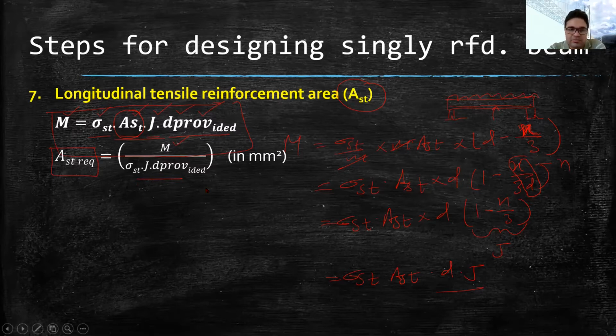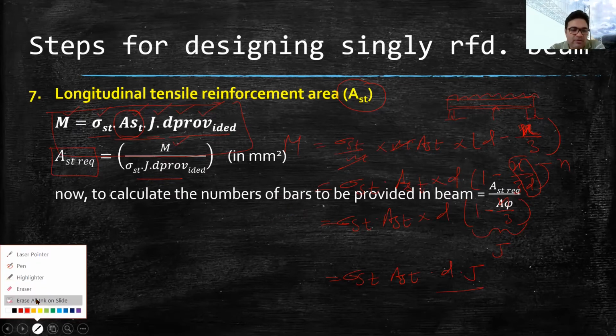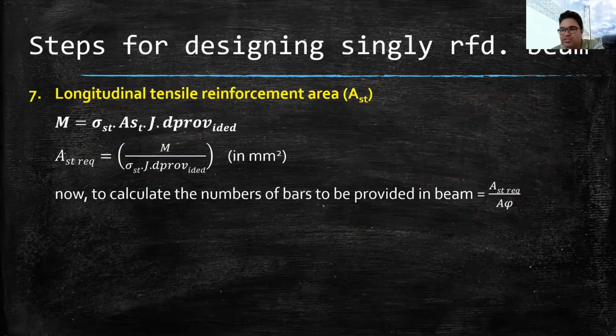Once we calculate AST required, we have to find out how many bars are to be provided, and we can calculate that using this formula. AST required here is the area of steel required that we have calculated from the previous formula, and A phi is the area of cross section of one bar.